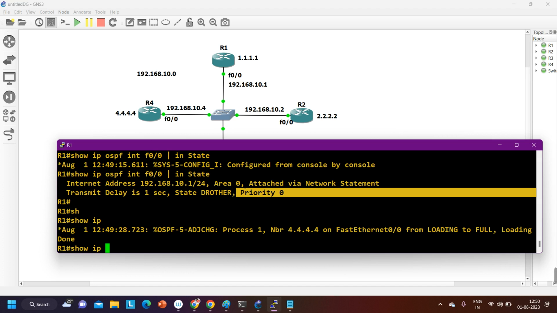Do you want to see it on a real device? Yes, for sure. I will show you on a real device as well. I will configure the same topology in my rack also. Here is my rack in front of me. Let me take one picture and share it with you. Here is the rack.